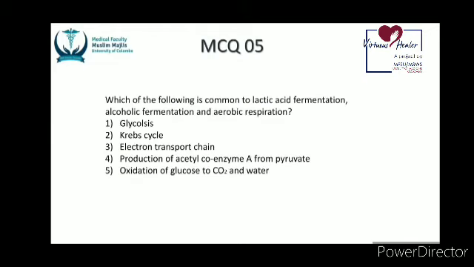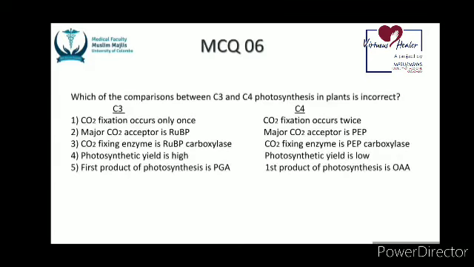Now we can see that the common step that is seen in all these three processes, lactic acid fermentation, alcoholic fermentation, and aerobic respiration, will be glycolysis, which will be the first statement. So the answer is first statement, glycolysis. Question number 6. Which of the comparisons between C3 and C4 photosynthesis in plants is incorrect?